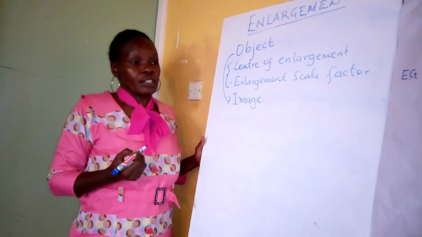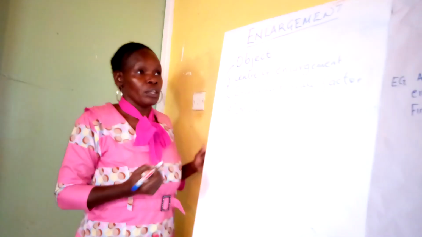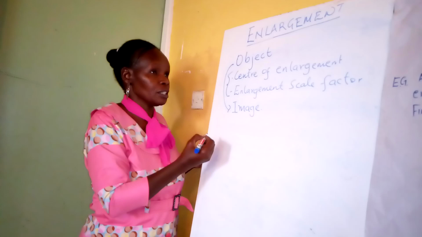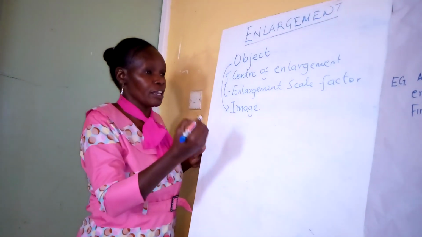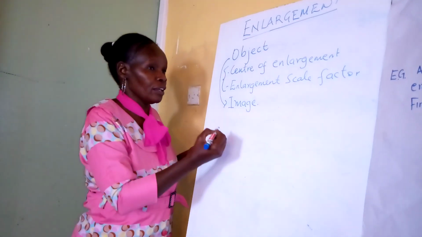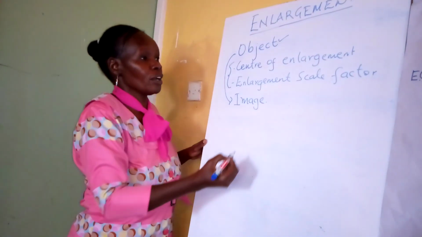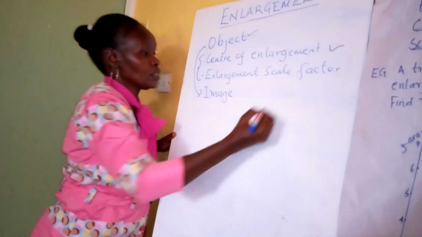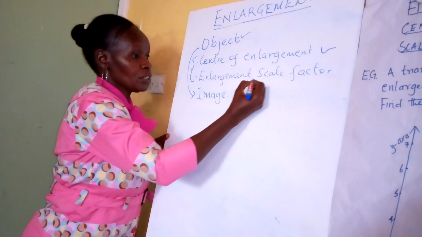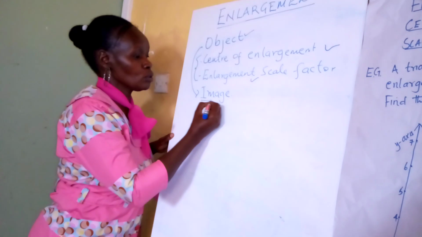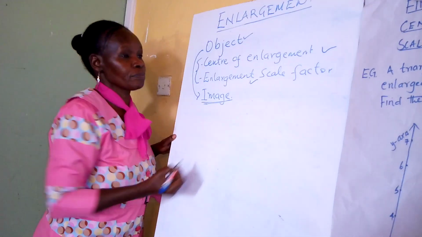Now, the very first exercise that we are going to do is to find the image when given the object. You are given the object, you are given the center of enlargement, and you are given the enlargement scale factor. So you're supposed to look for the image.